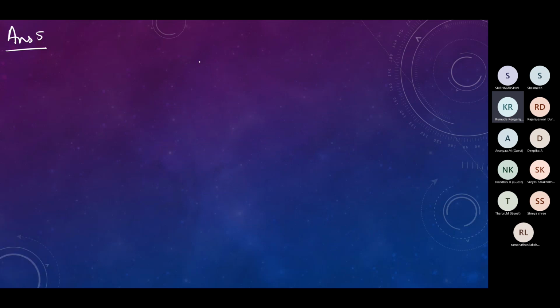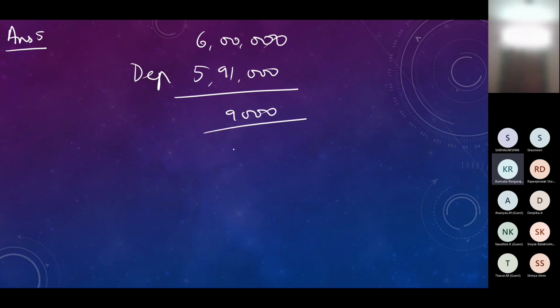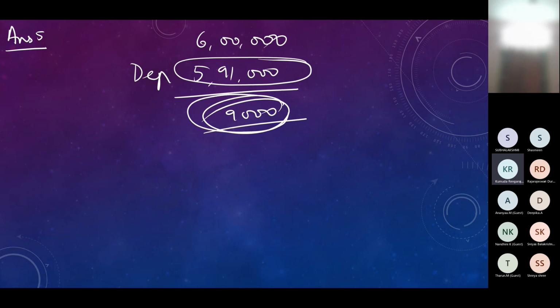Ananya, 5,91,000 if I'm not wrong, so this is the depreciation. So what's the value of the machinery? 6 lakhs minus the depreciation. So it's only 9,000 at the end of 10 years. If the total depreciation is 5,91,000, then the value of the machinery stands at 9,000 at the end of 10 years.